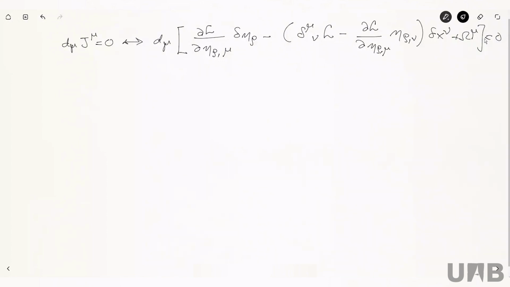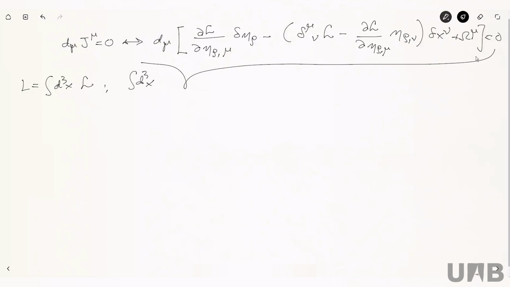The first thing that we have to do is remember that the Lagrangian is d3x of the Lagrangian density. So we integrate over d3x everything. All this thing equals 0, right?